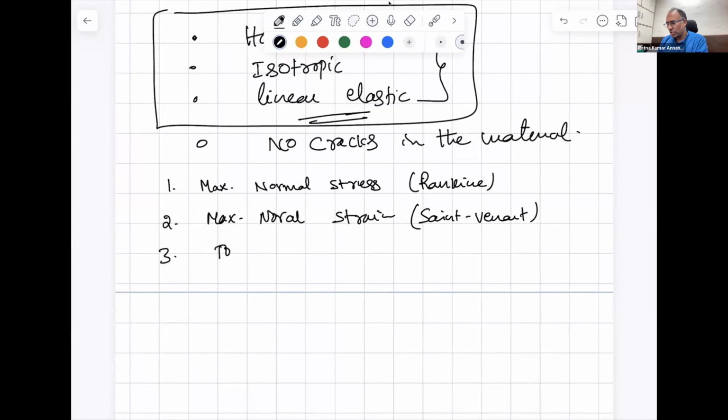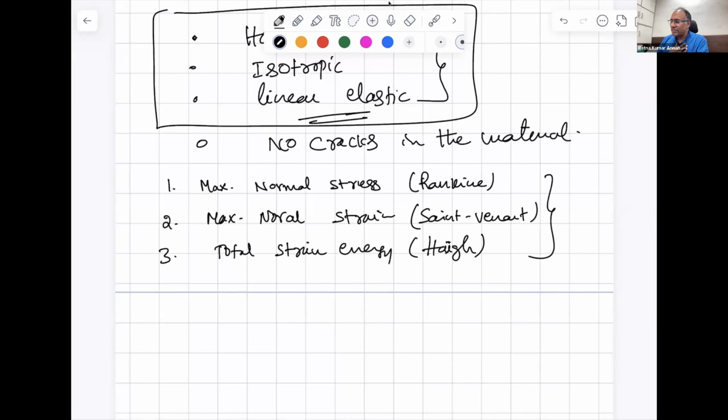Third one is total strain energy theory, which is Haigh's theory. And in the beginning, we only have these theories.